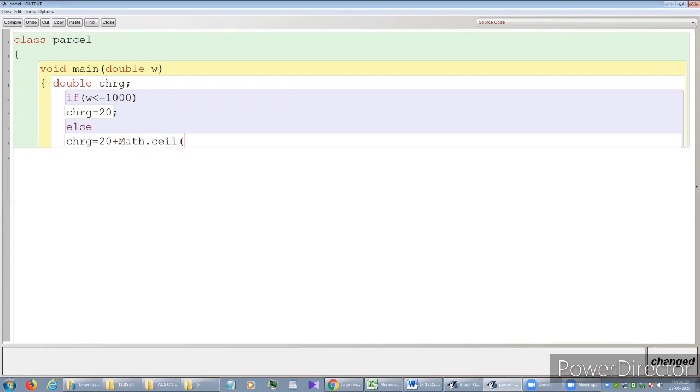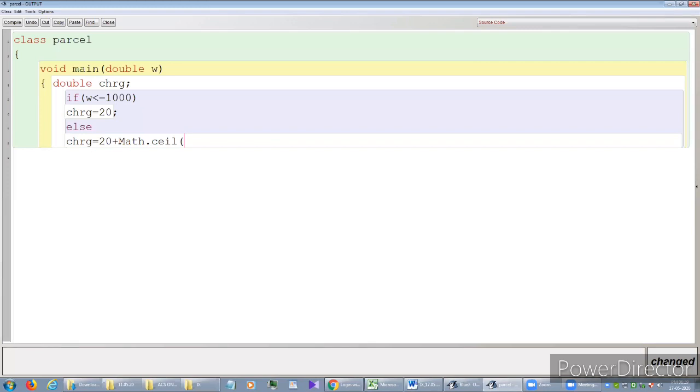Math.ceil. You know the meaning of this Math.ceil. In the case of Math.ceil, if I put 0.1, we'll get 1.0. If you give 1.1, we'll get 2.0. If you give 1.5, we'll get 2.0. That means Math.ceil accepts a fractional value and converts it to the nearest higher number which doesn't have any fraction.